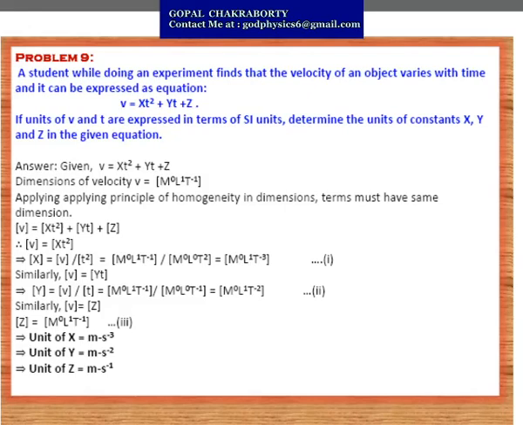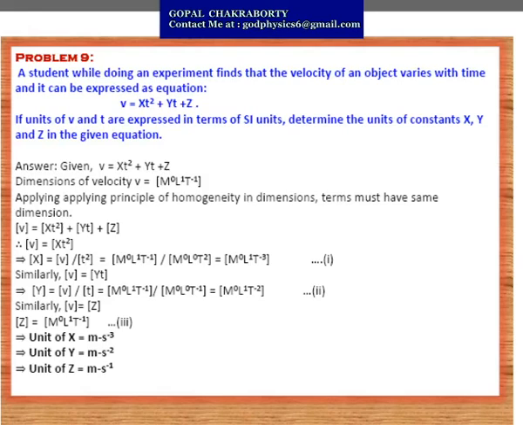If the units of v and t are expressed in SI units, determine the units of constants x, y and z in the given equation. So the dimension of the velocity v equals M to the power 0, L to the power 1, T to the power minus 1.